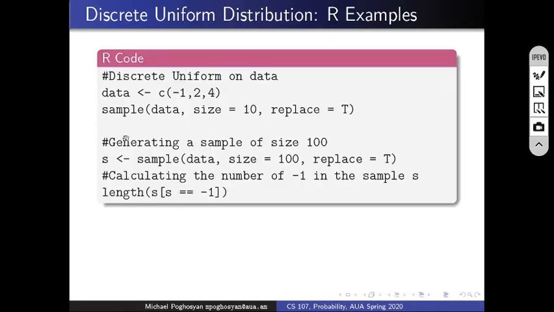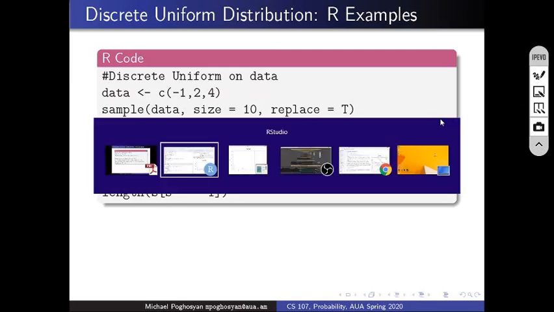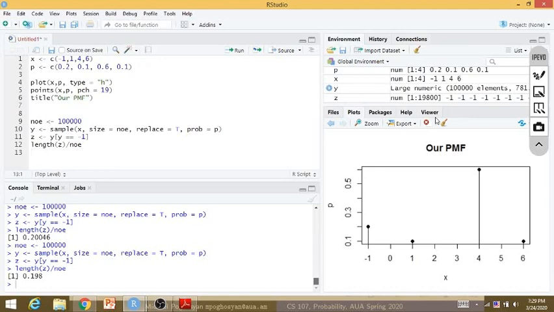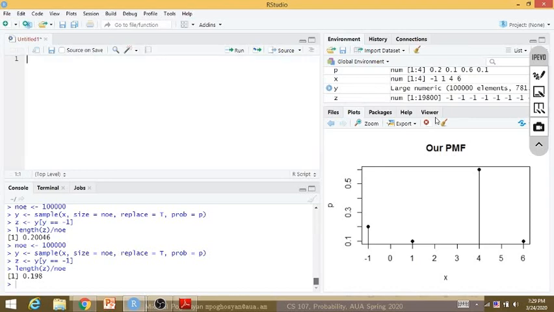And here I have an R code for the discrete uniform distribution, generating a sample from that distribution. Let me pass to R and solve a problem for you. So I'm selecting everything, removing. Now I need to make a vector of values.